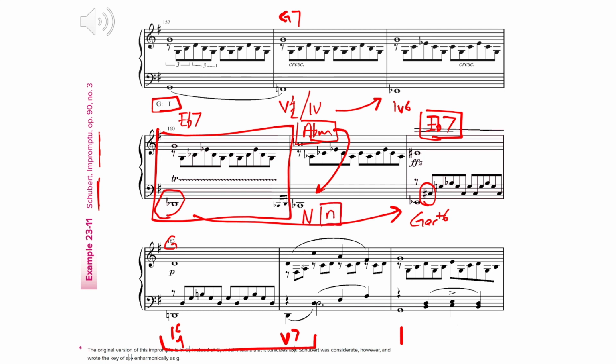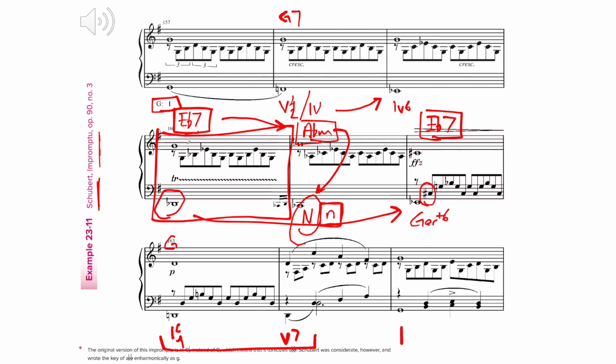It is not a very common chord. The Neapolitan chord is almost always major, but sometimes we can see some examples of a minor Neapolitan chord. Go one more step back and we will see this is the dominant of the Neapolitan.